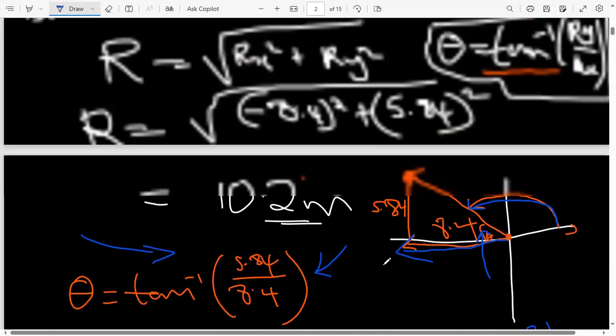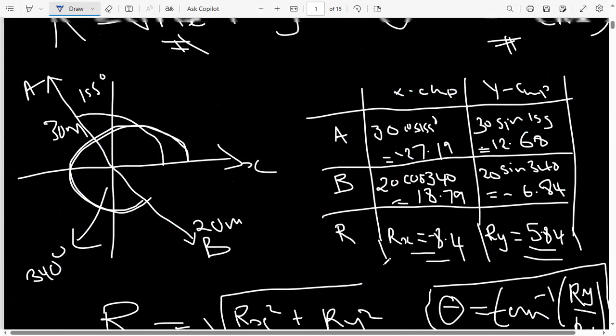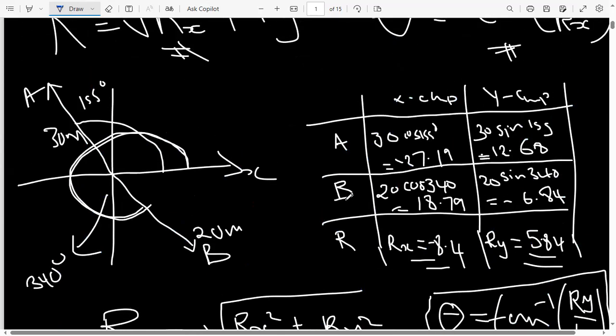So when I go back to this table, remember these values here that I have, this is the row for the B. These values are for the positive B. So if I introduce a negative on the B, this one here will become negative, and this one already has a negative.